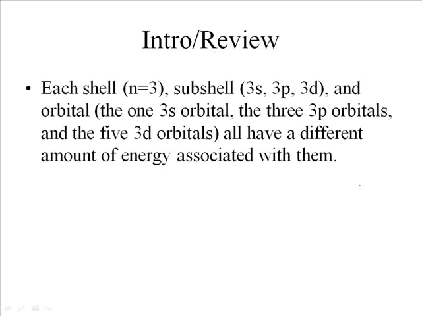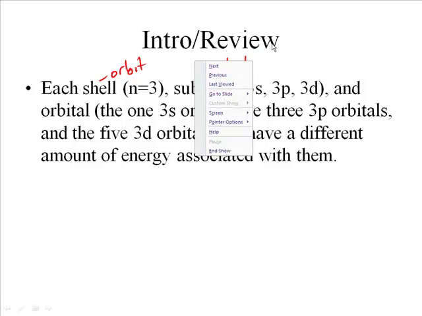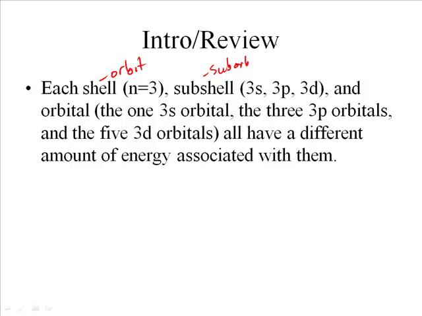Okay, if we remember from what we've talked about, each shell, or a lot of times what we call each orbit, and each subshell or each suborbit within each atom all have a different amount of energy associated with them.